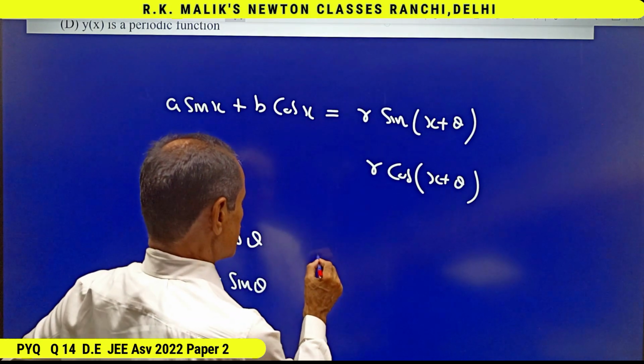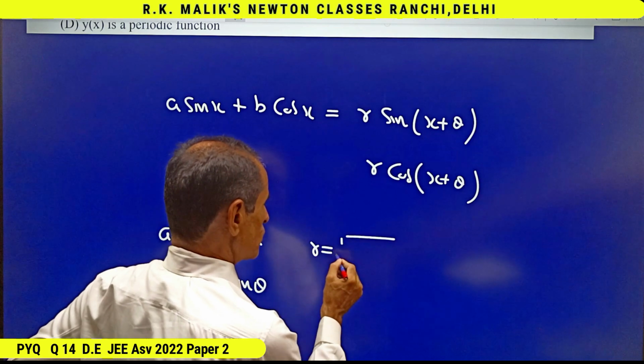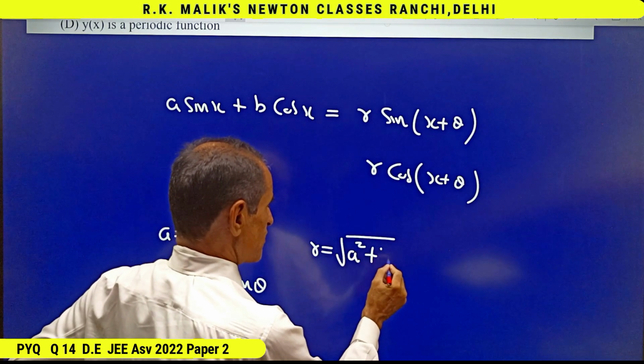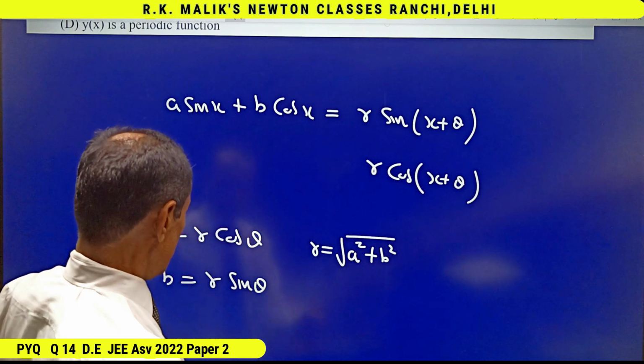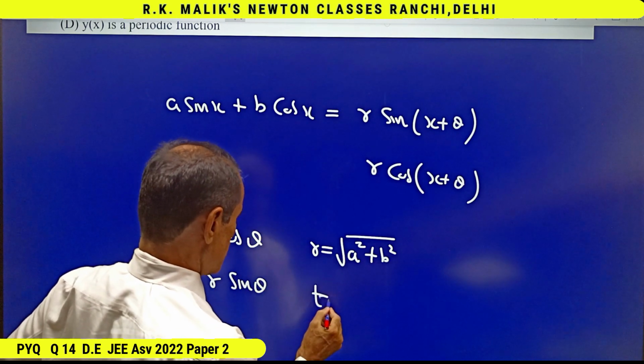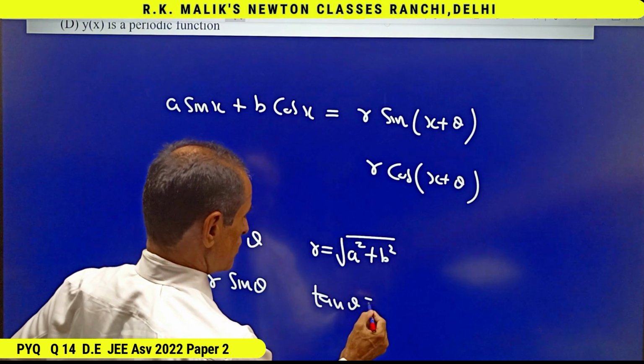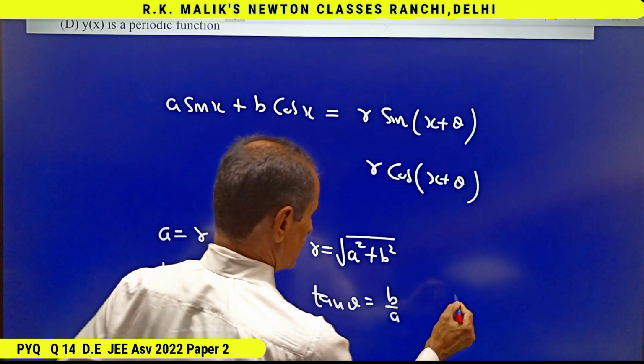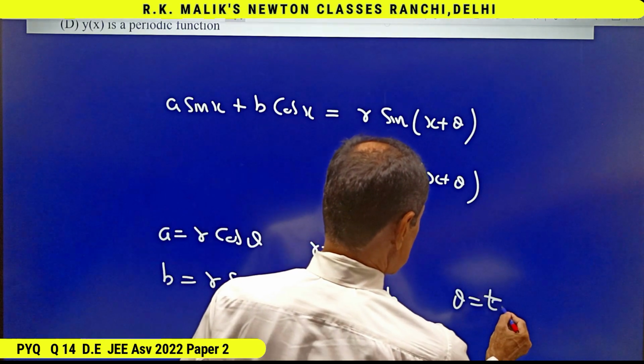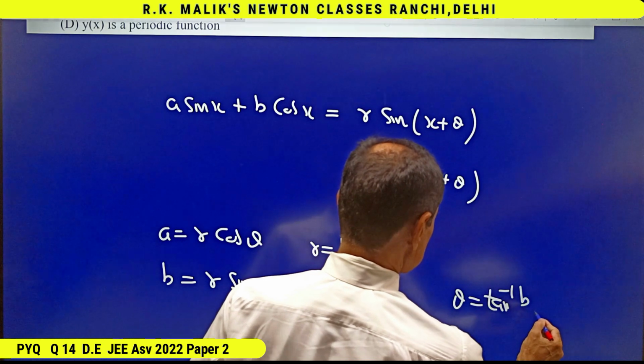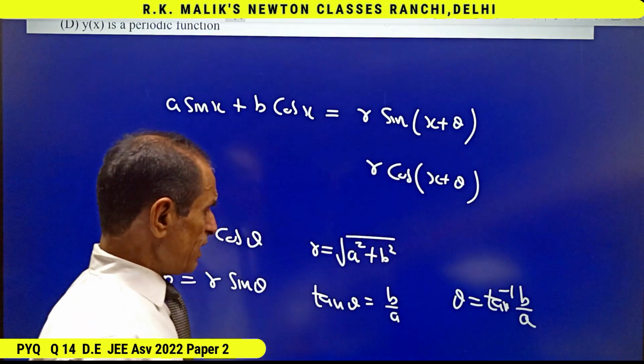Then it is clear that r will be equal to under root a square plus b square, and tan theta will be b by a, that is theta will be tan inverse b by a.